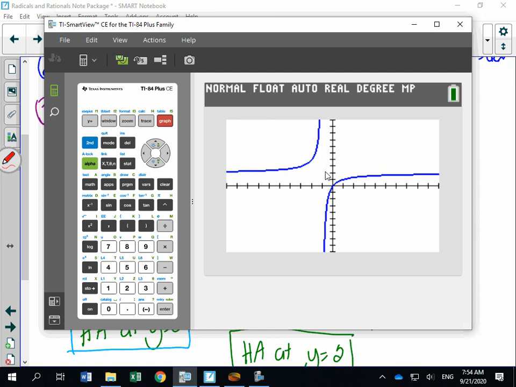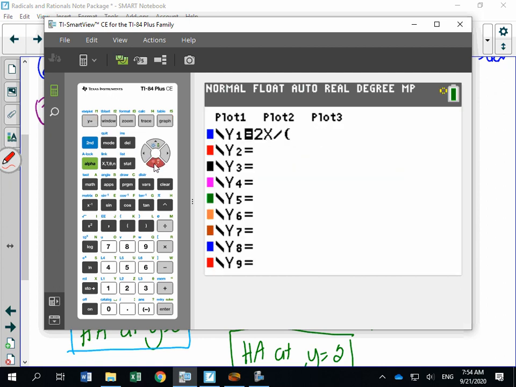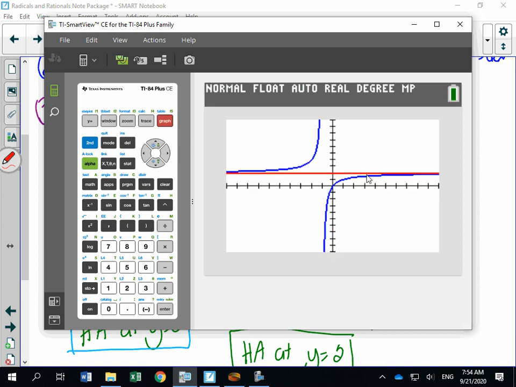And then at 2, there's going to be a horizontal asymptote. I could put in y is equal to 2, and this is the line of the horizontal asymptote. It looks like it's touching it, but it's not actually touching it. It's really getting close to it, but it's not touching or crossing it.